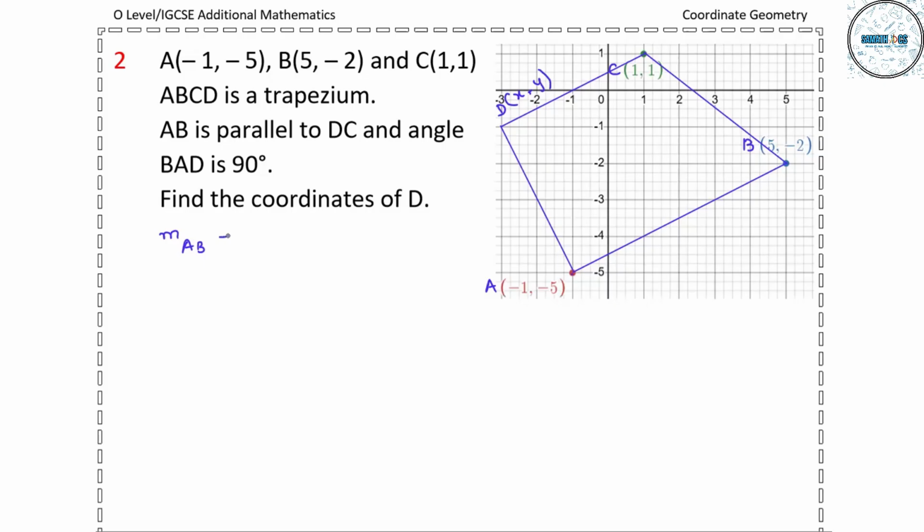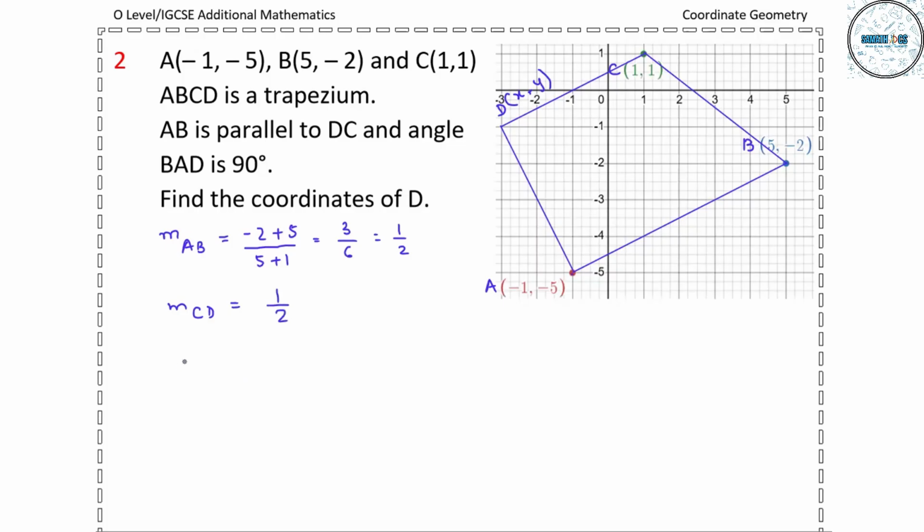So gradient of AB is equal to minus 2 plus 5 upon 5 plus 1, which is equal to 3 upon 6, which is equal to 1 upon 2. Gradient of CD is equal to 1 upon 2.